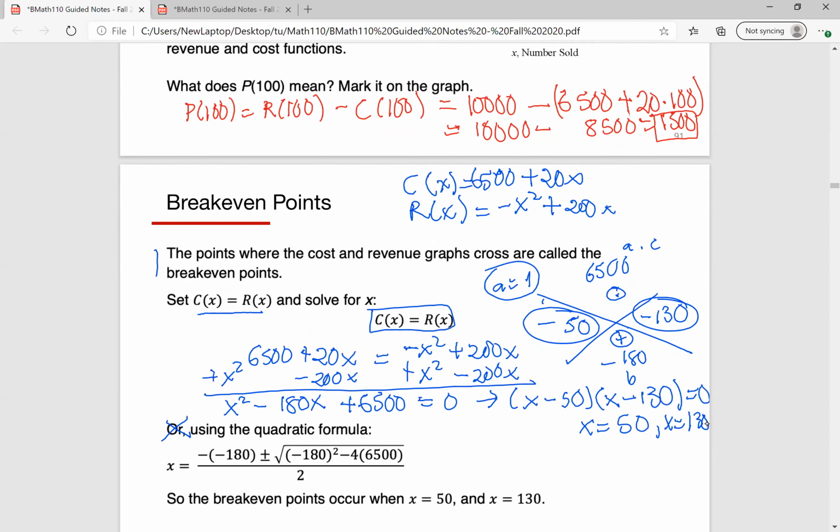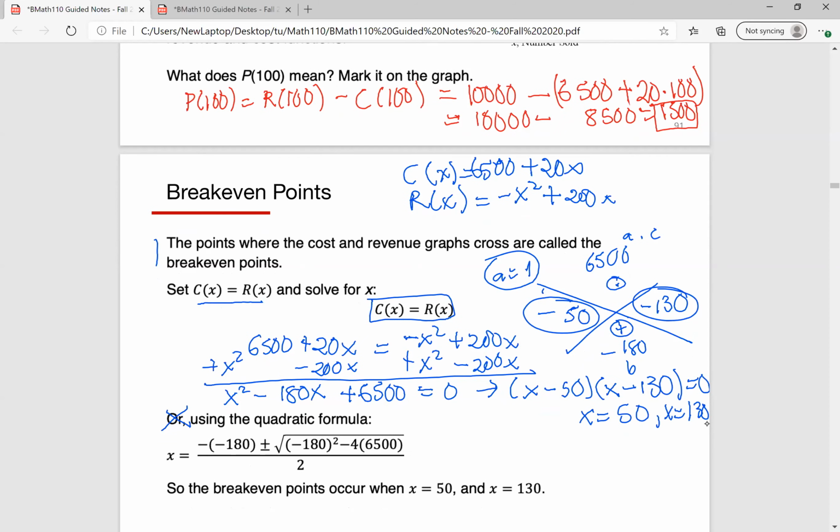AC method. But you can also use the quadratic formula by applying A and B in here. I mean negative B plus and minus the square root of B squared minus 4 times AC, divided by 2A.